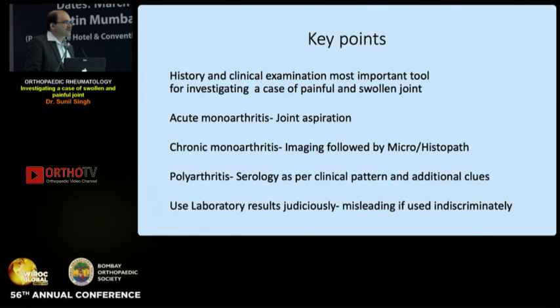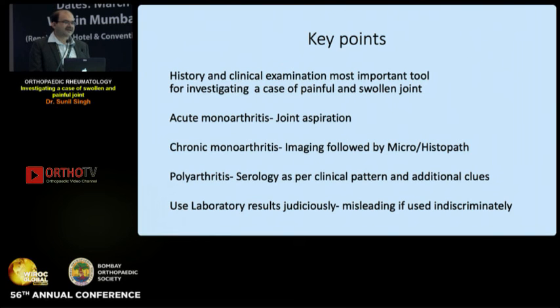So, to summarize my talk, history and clinical examination remain the most important tools for investigating a case of painful and swollen joint. For acute monoarthritis, if there is no trauma, joint aspiration remains the key. For a chronic monoarthritis, I would prefer imaging and a synovial fluid or synovial tissue assessment for microbiology and histopathology.